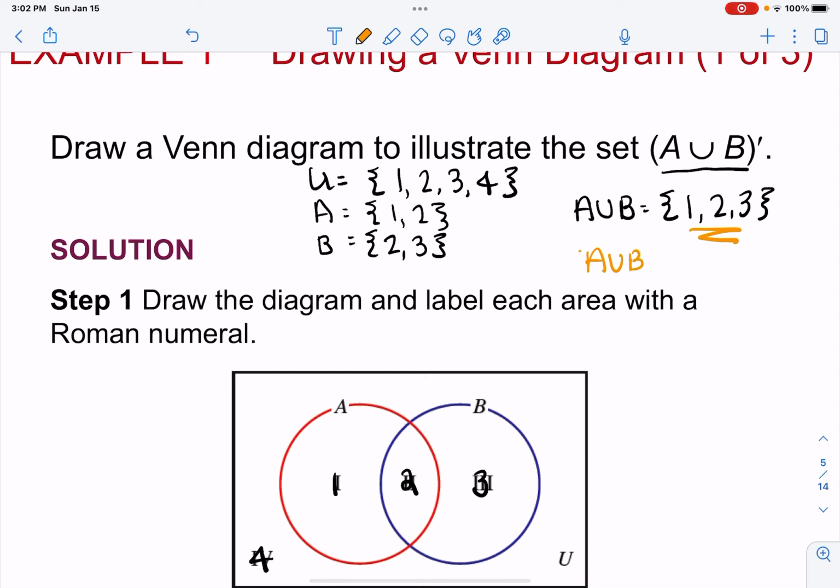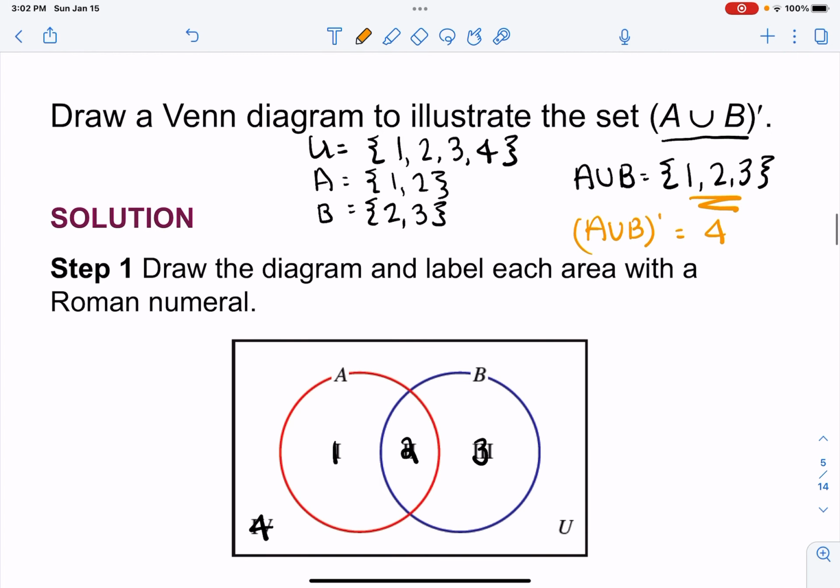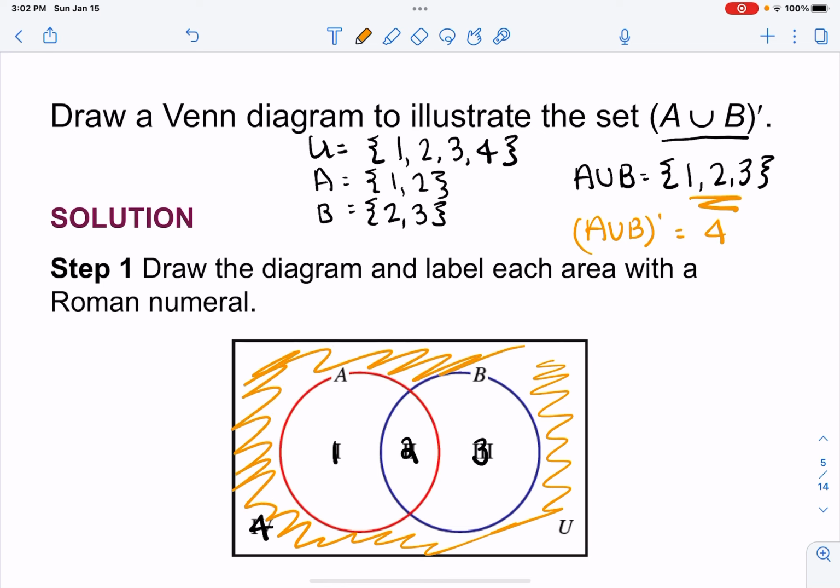That would be number 4. So when I go to shade it, I would just shade where number 4 is. So I would shade on the outside. That's how I would draw the diagram, and that represents A union B not.